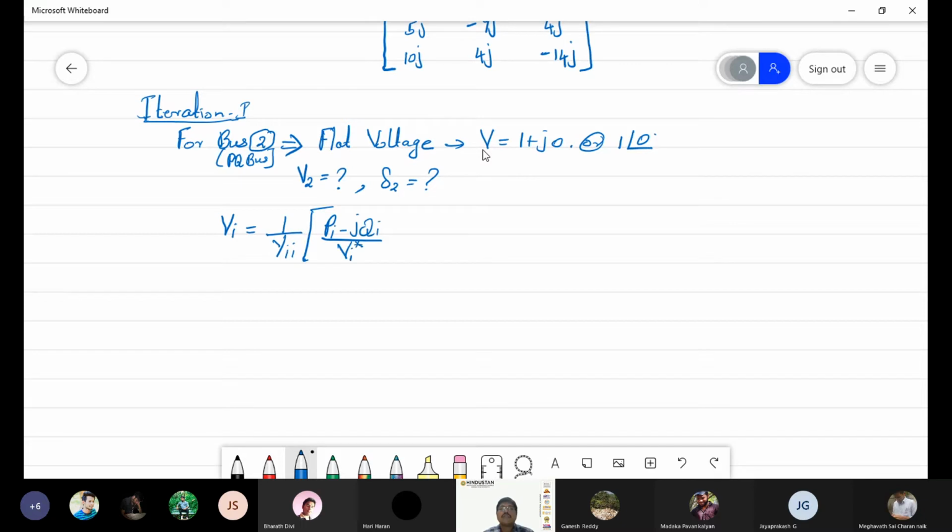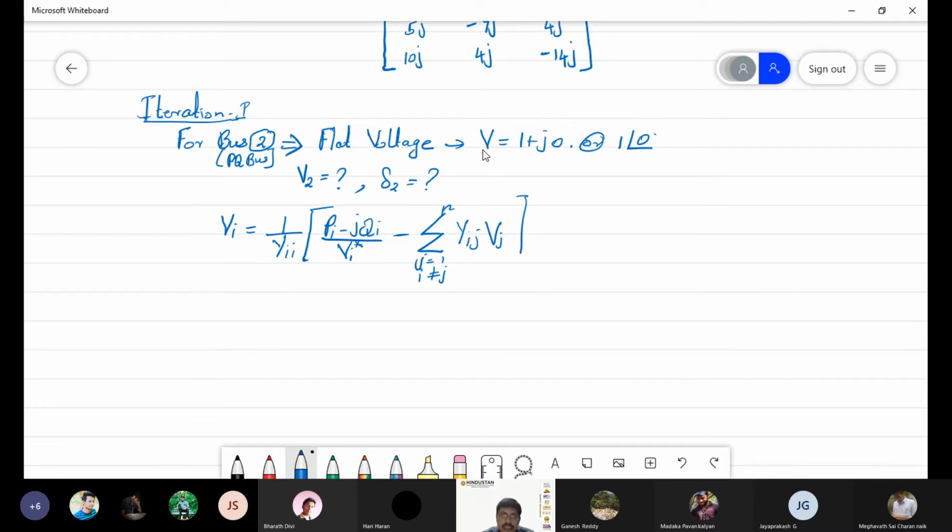Listen here, star I put. Why this star? This star is for conjugate, right? Minus sigma j is equal to 1 to n, i not equal to j, that is the condition here. That is Yij Vj.